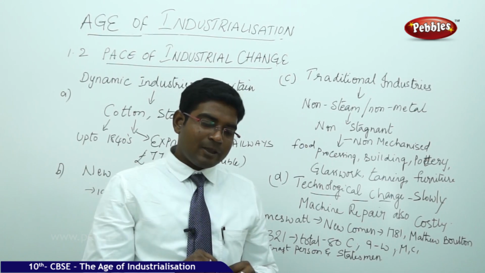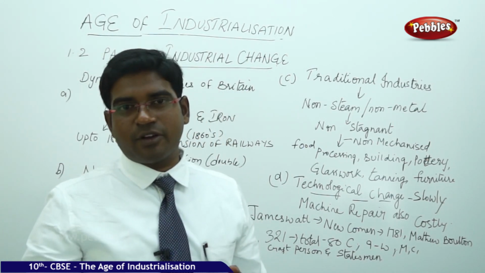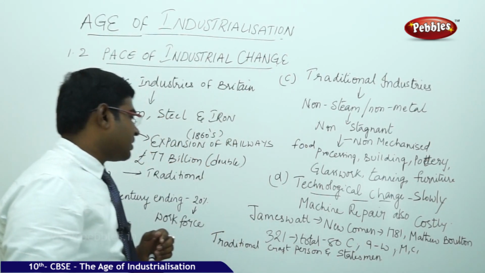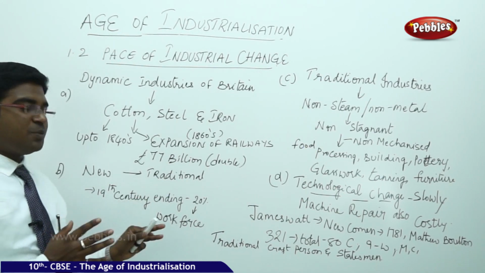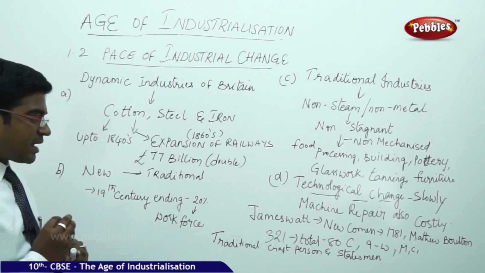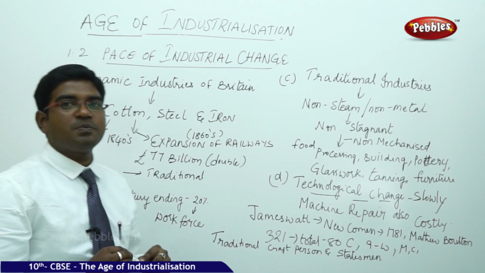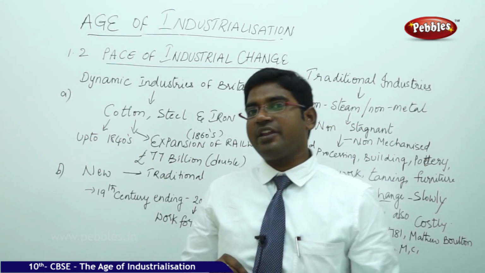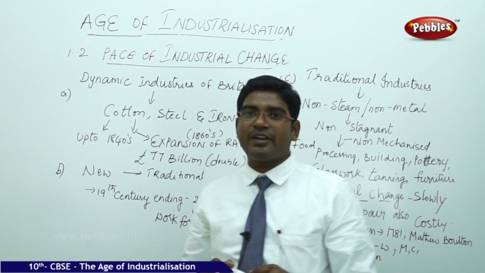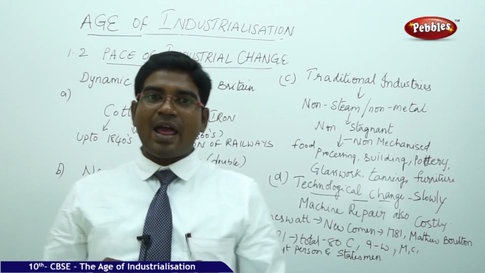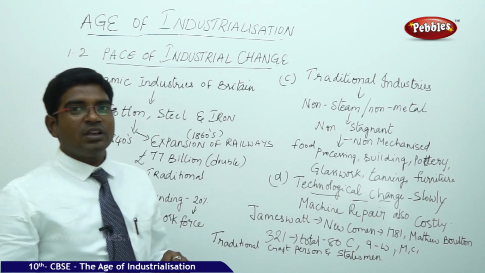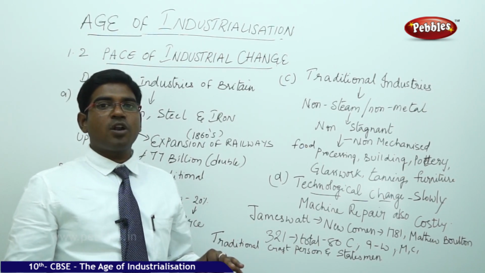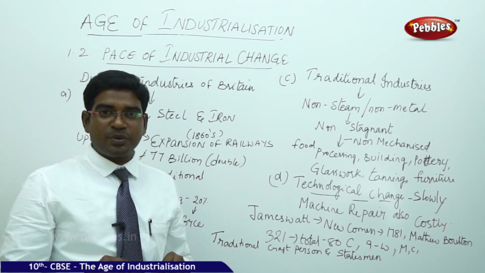So finally, from the historians' point of view, we can say that traditional craftsmanship and statesmanship had their glory during this period. It was not the machinery that was important for the people at that time; craftsmanship and statesmanship were given high priority.